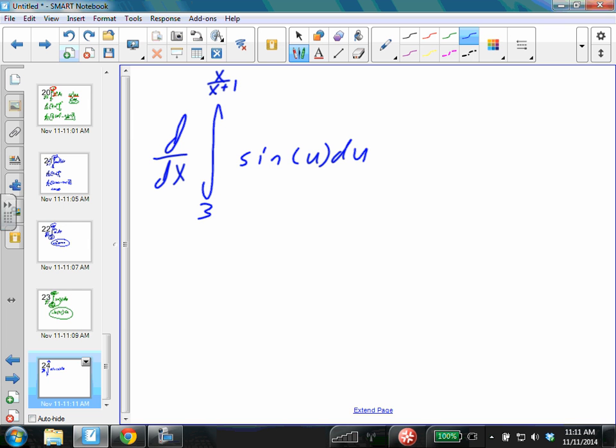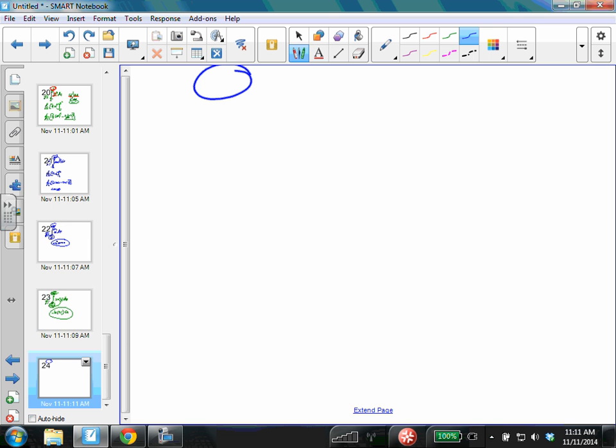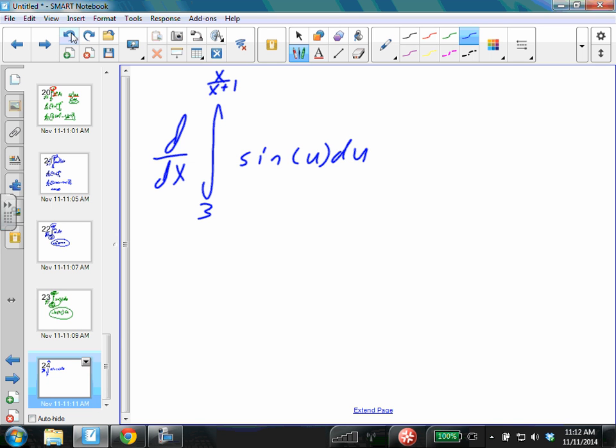It'll be easy. Same rule, right? We take this and do what with it? Oh no, I cleared my ink. There we go. Okay, we take this and do what with it? Plug it in. So sine of x over x plus 1.